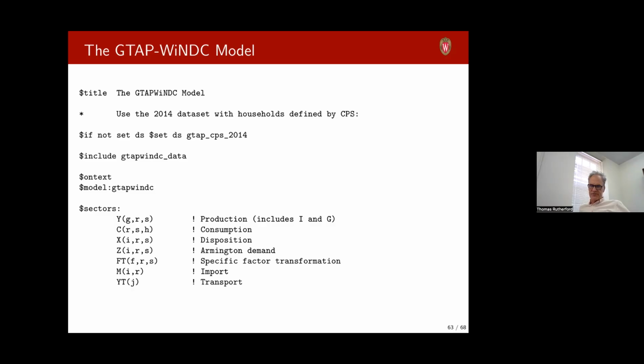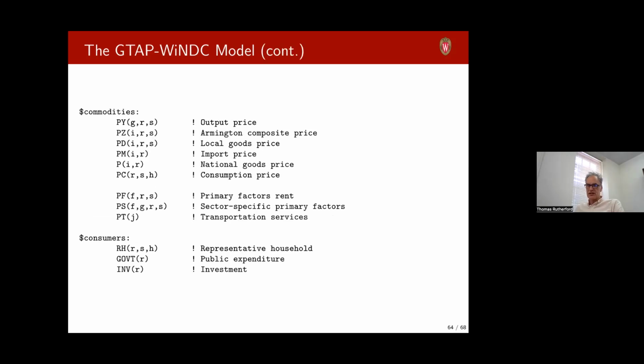There's an import activity M of I, R, which combines imports of good I in the region R, capturing imports from other trading partners. And then YT of J is the provision of transportation services used by international trade. So these are all the GTAP things. The main difference is that anywhere you see a comma S or a comma H, that indicates we have something different than the standard GTAP model.